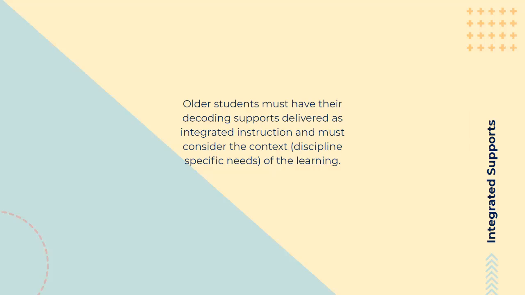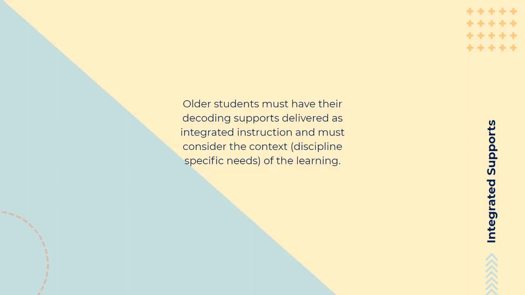But we need to remember that for older students, that's inappropriate. Older students have to have their decoding supports delivered as integrated instruction. And so while we're working on trying to build some of these lagging skills, we want to consider the context. We want to think about what discipline-specific needs they might have, and we also want to consider the learning needs.